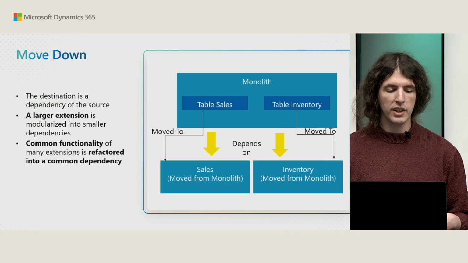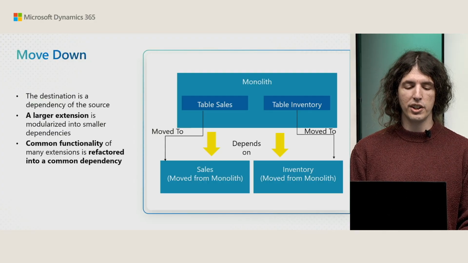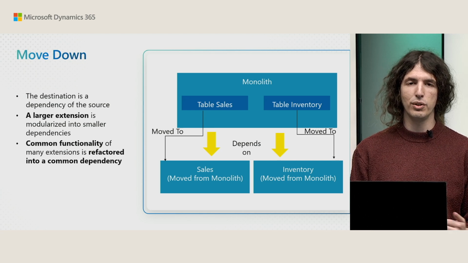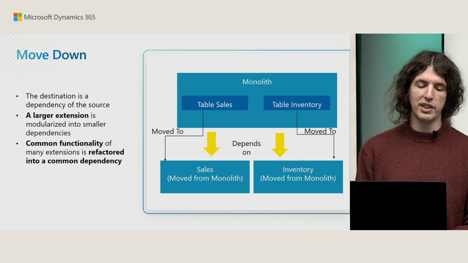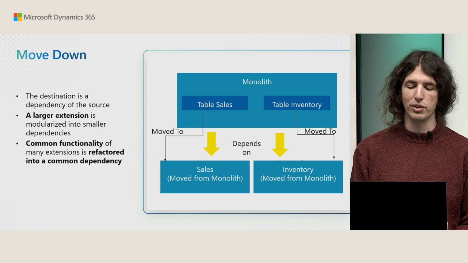In order to distinguish how these moves happen, we have split the possible scenarios into three. The first scenario is called move down. The scenarios are defined by the relation between the source and the dependency extensions. In the case of move down, the destination is a dependency of the source.